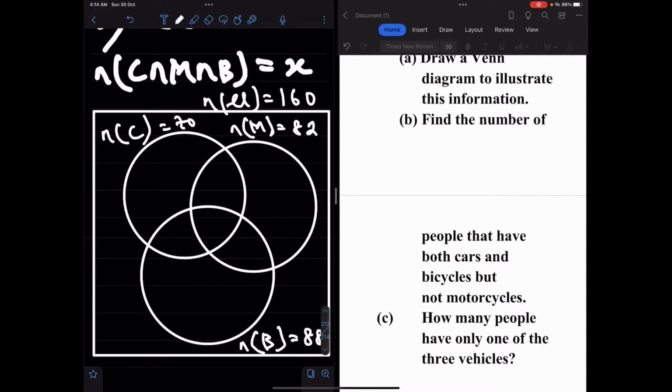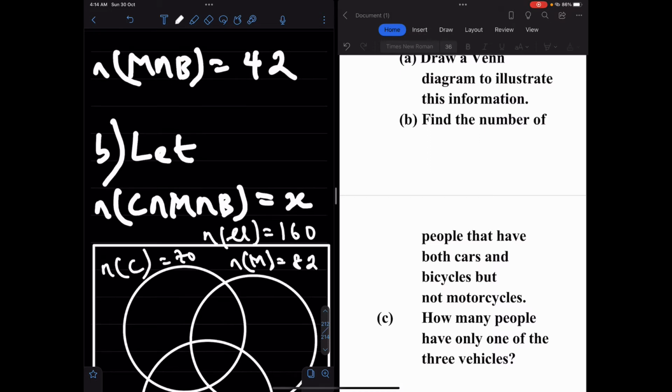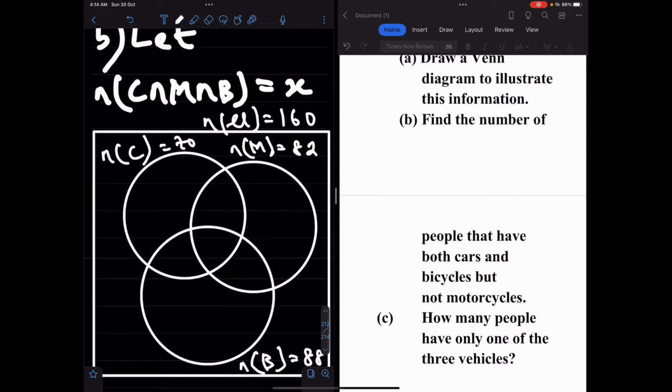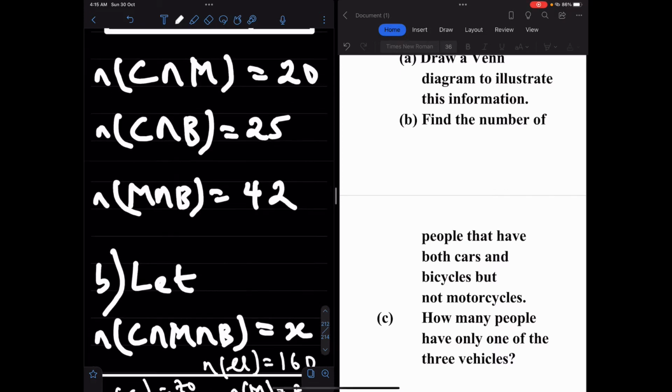So if this is X, I already said X is a set of people who have all the three vehicles, cars, motorcycles, and bicycles, which is this place. So if this is X, and I know that the whole of this is 25, that means this alone will be 25 minus X. Now I know that motorcycles and bicycles, which is the whole of this, is 42.